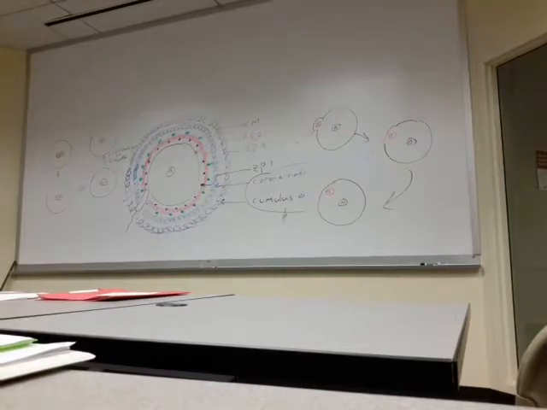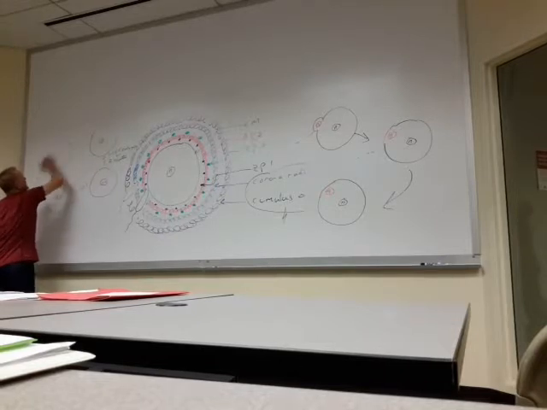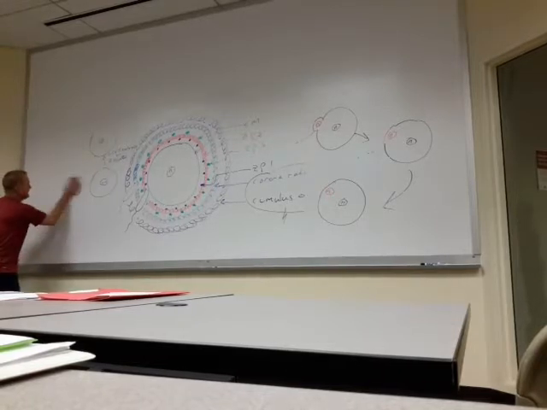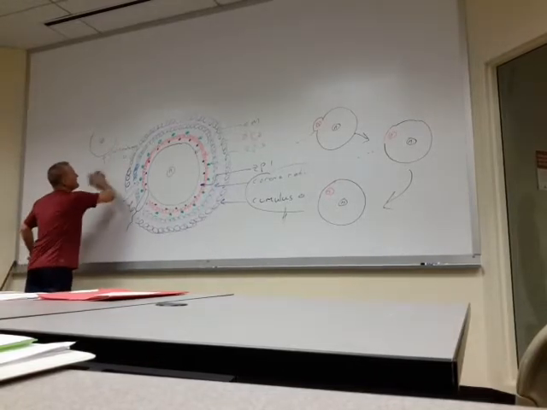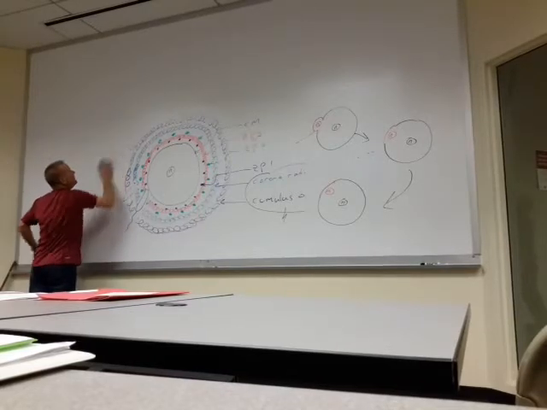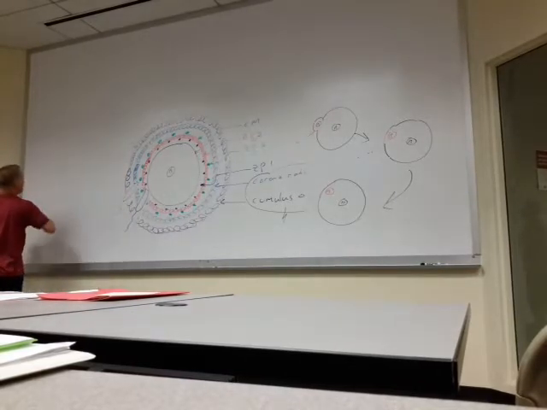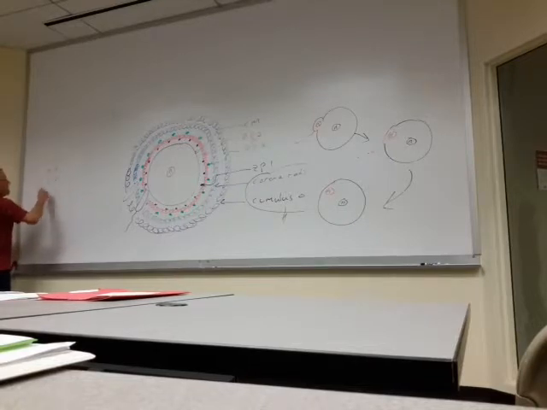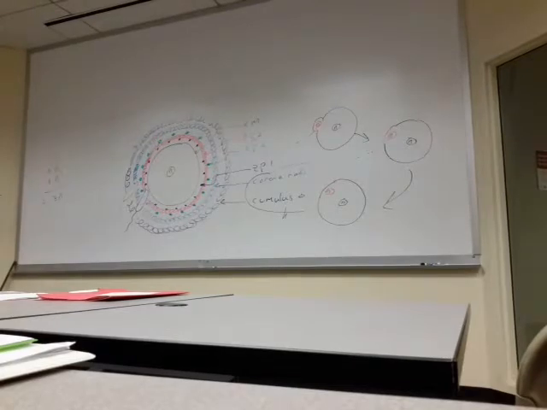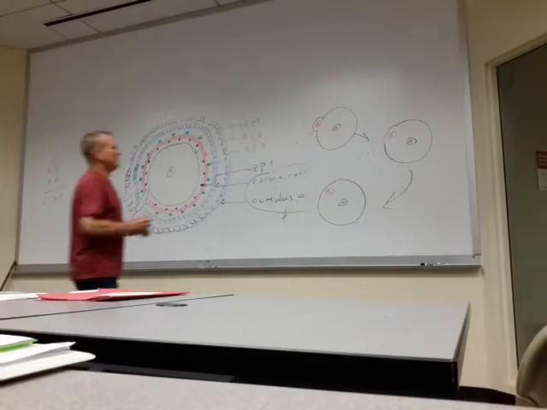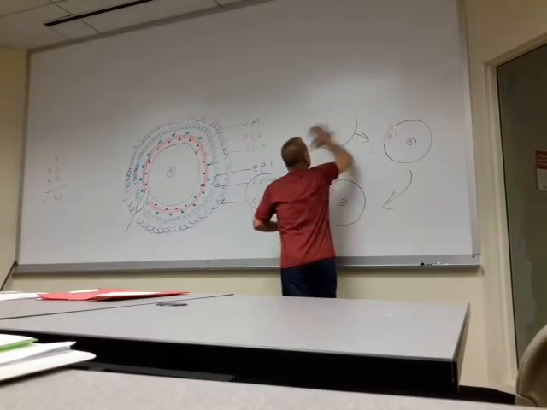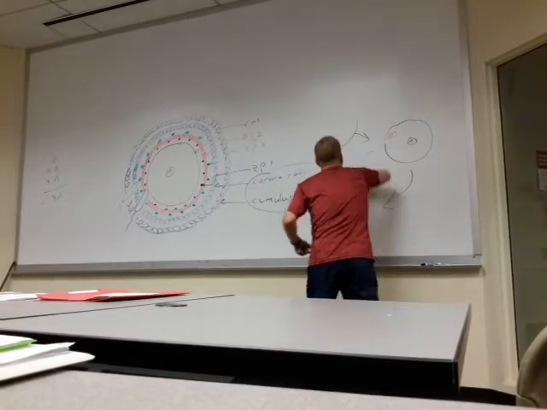It's called the cortical granule reaction, or the block to polyspermy. Now, polyspermy would be the egg being fertilized by more than one sperm. So, for example, a triploid embryo. Well, that's not going to be viable, so do your best to prevent that.